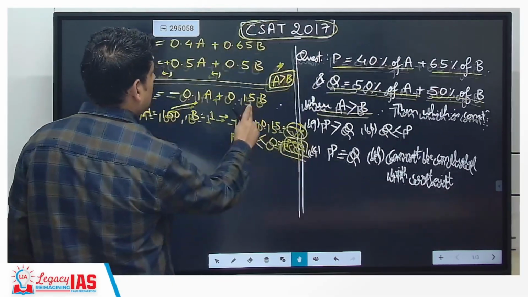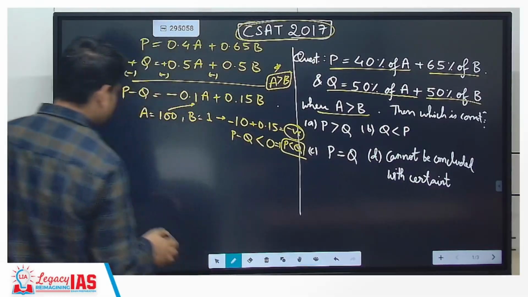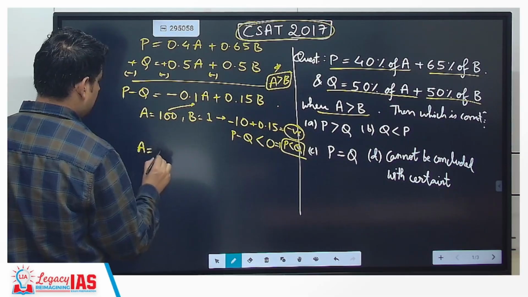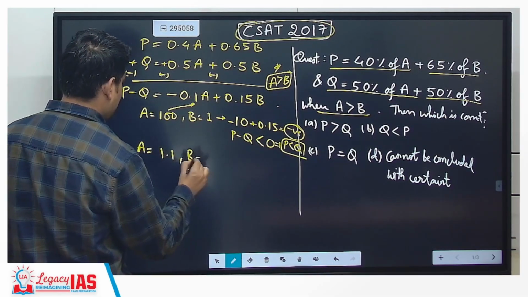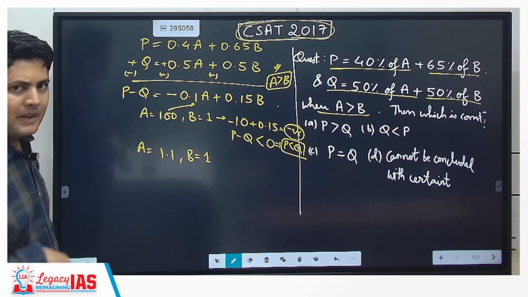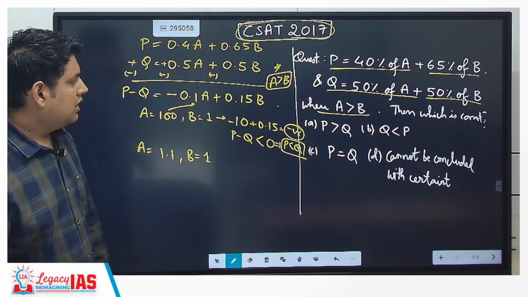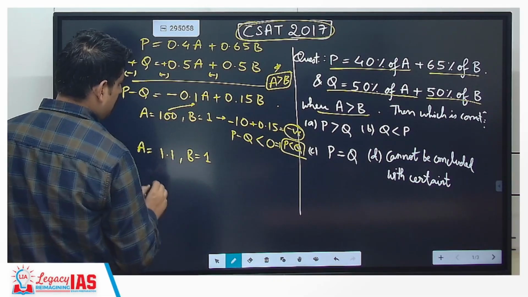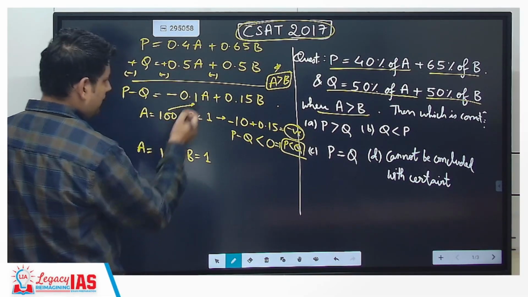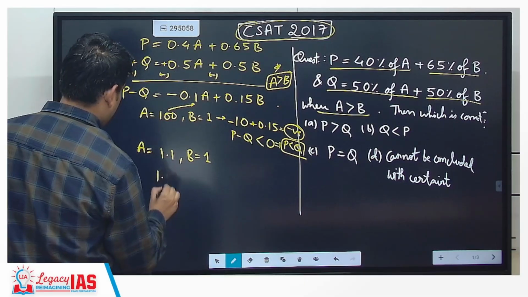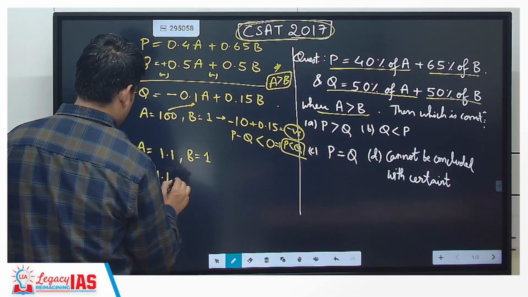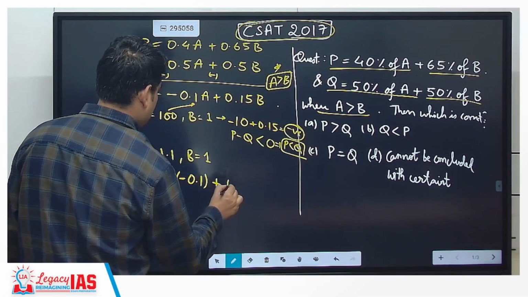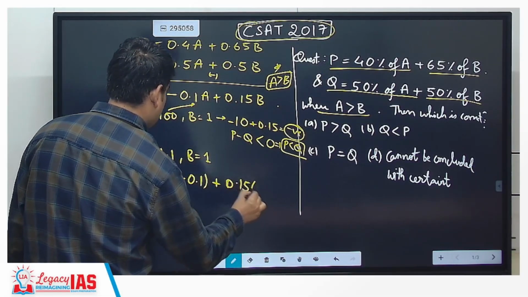Now let's try another way. I pick A is equal to 1.1 and B is equal to 1. Now if I put it here, what I'll get is 1.1 into minus 0.1 plus 0.15 into 1.